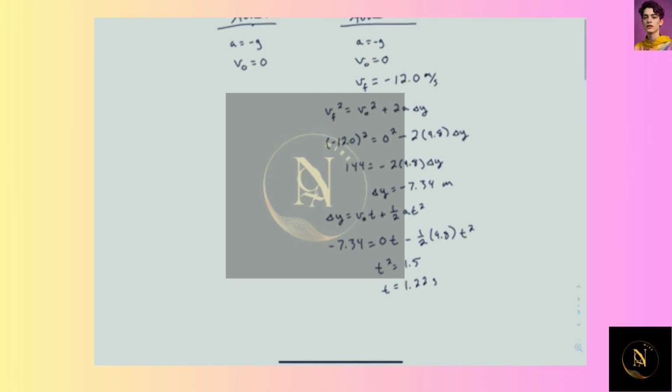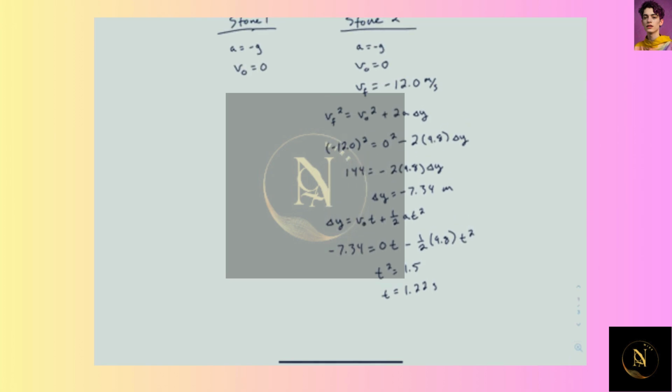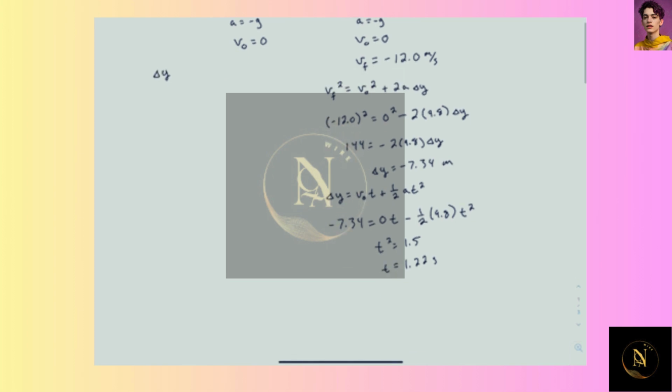And now we can plug this time into stone 1 and figure out what position stone 1 is at. However, we have to remember that it was dropped first. So for stone 1, this is delta y2 over here, I'll say delta y1.